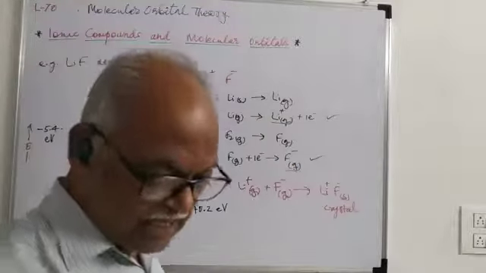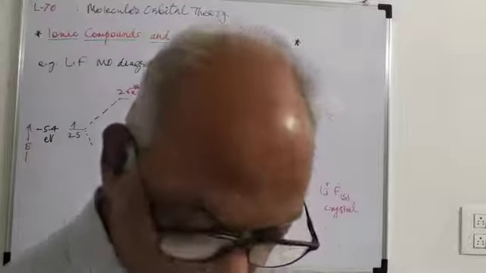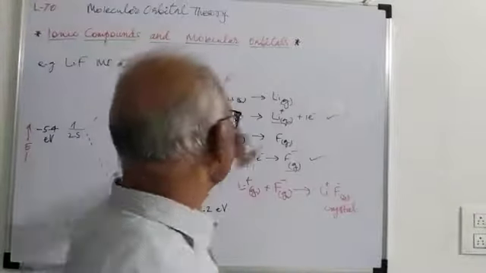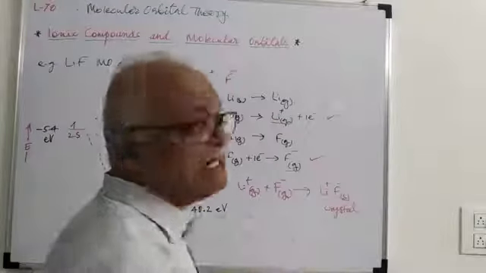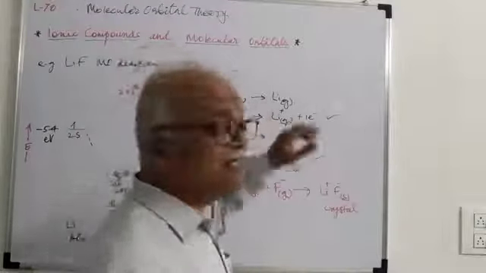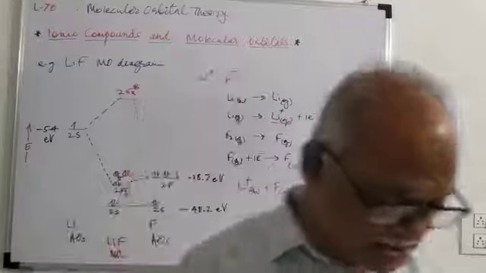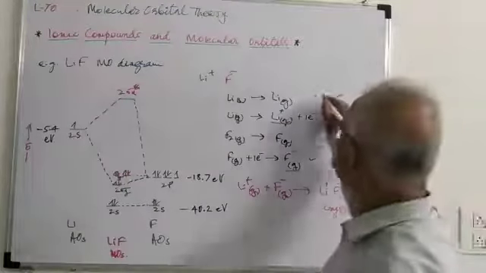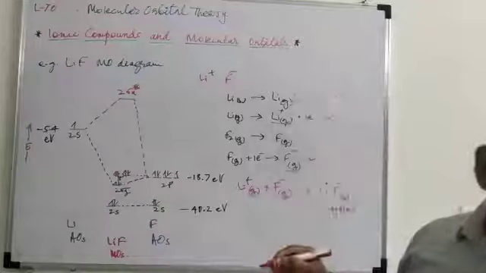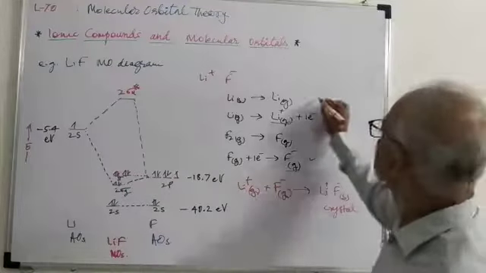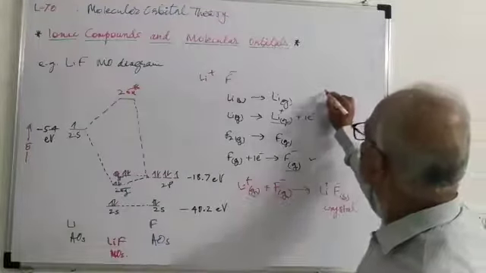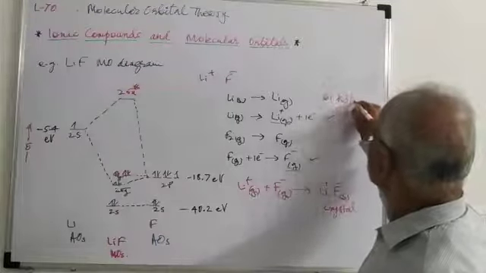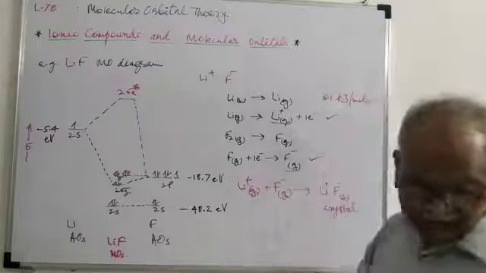So these are the steps, out of which we know that this first step, where solid is converted into a gaseous state, is called sublimation, and it shows an energy change of 161 kilojoules per mole.